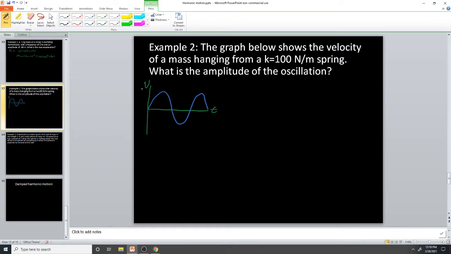And then this is 10 meters per second at the maximum. And this is 0.25, this is 0.5, 0.75, I guess, seconds.